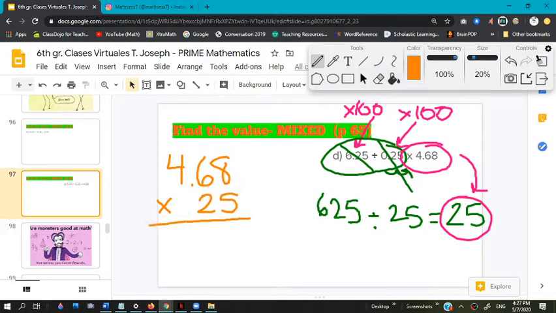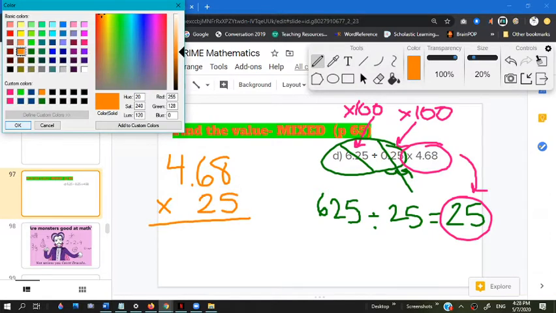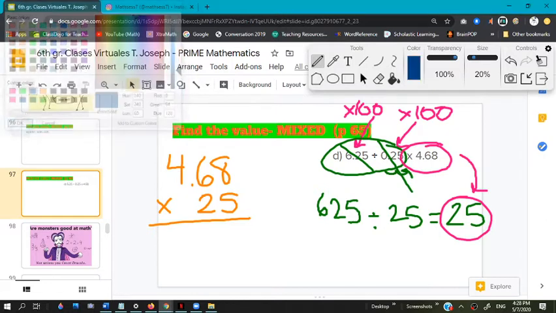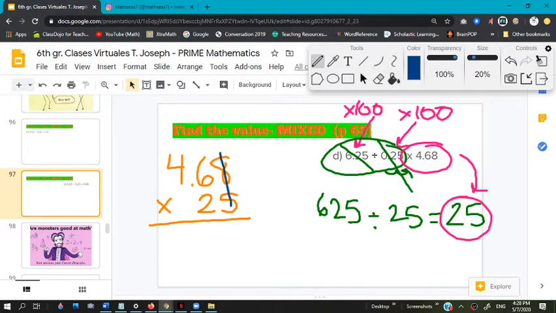Okay? 8 times 5 is 40. 40. Bring my 4 up to the top to my tens column. 6 times 5 is 30, plus 4 is 34. 4 times 5 is 20, plus 3 is 23.